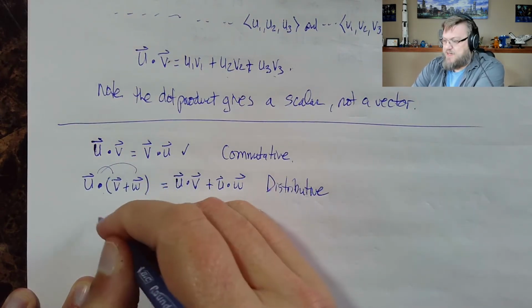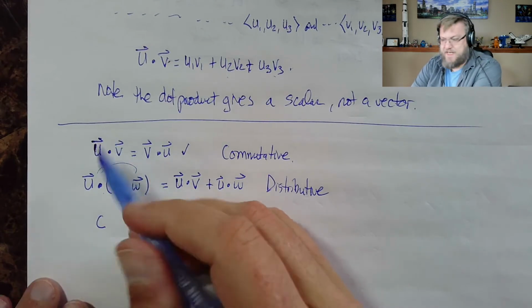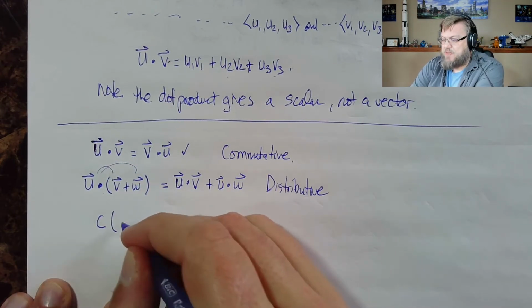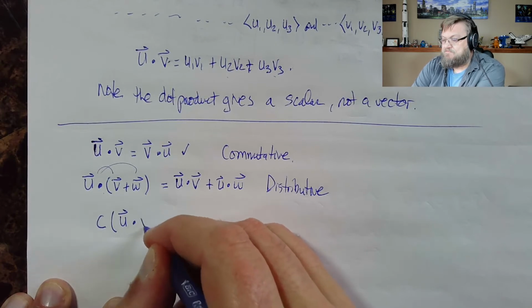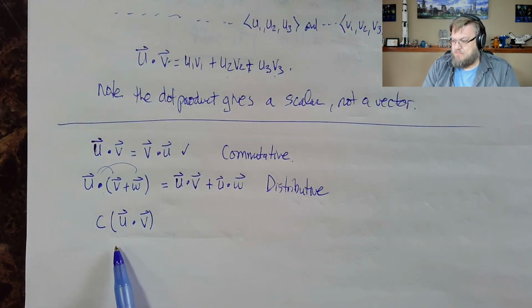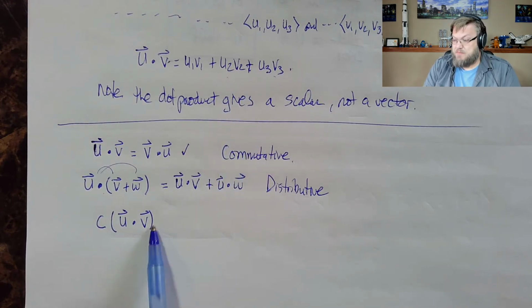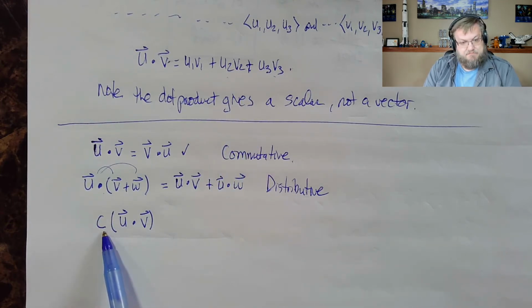Then another example here, another property. What if I take C and I multiply by u dot v? Now u dot v is a number, because u dot v is a scalar. So this is some number times the number c.